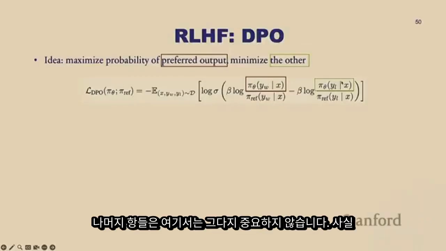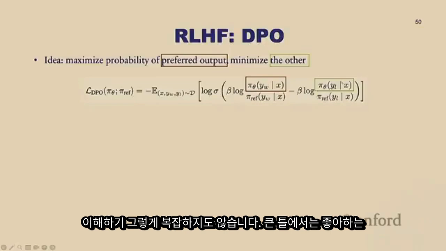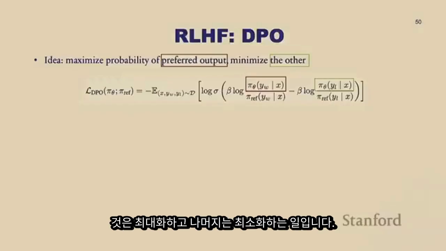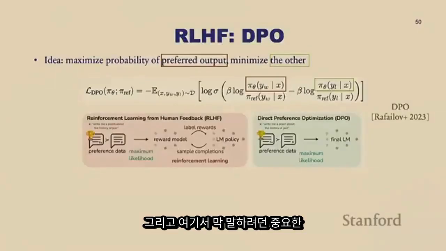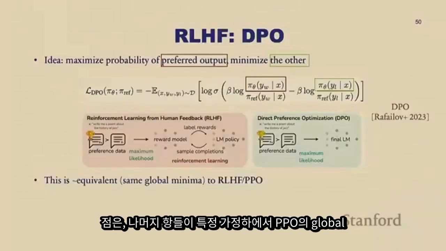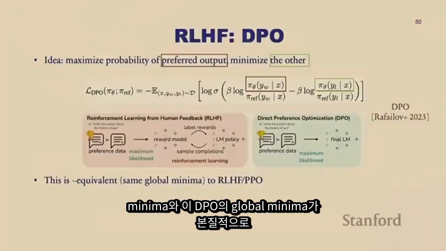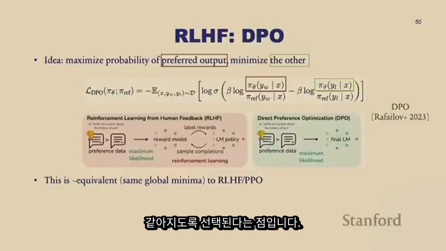All the rest of the terms here are not too important. It's actually really not that complicated to understand, but at a high level, it's really just maximizing the things you like, minimizing the rest. And one thing to note is that all the rest is chosen such that the global minima of PPO and the global minima of this DPO, under some assumptions, are essentially equivalent.